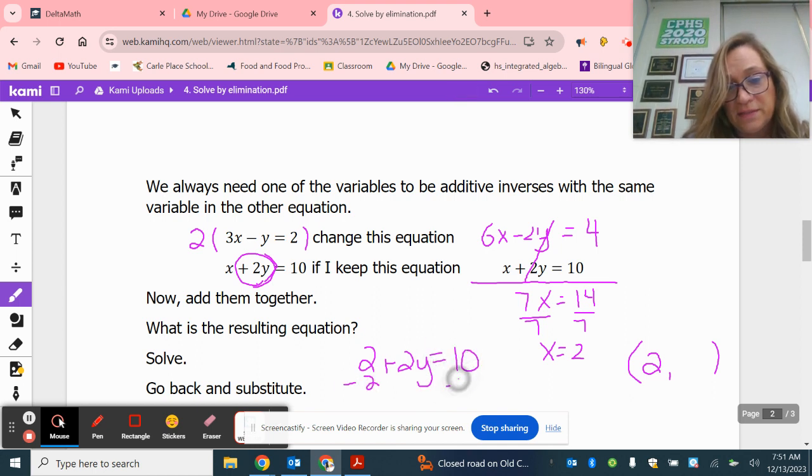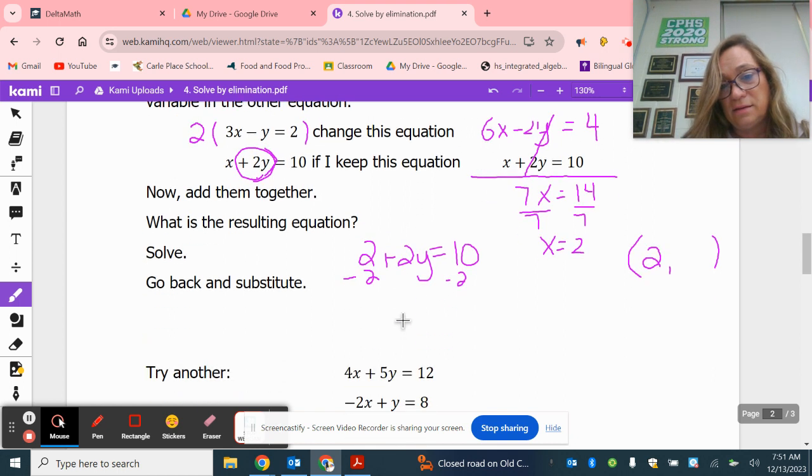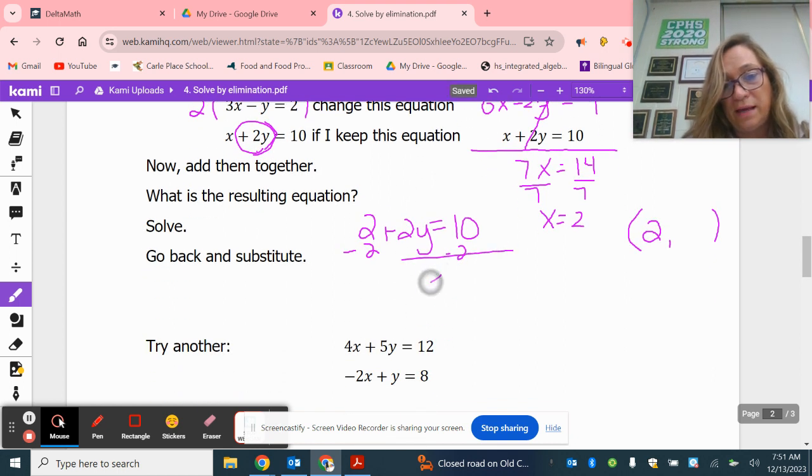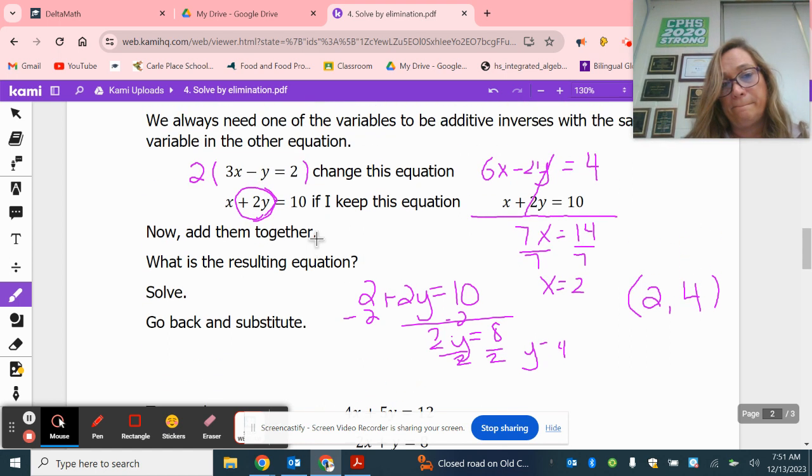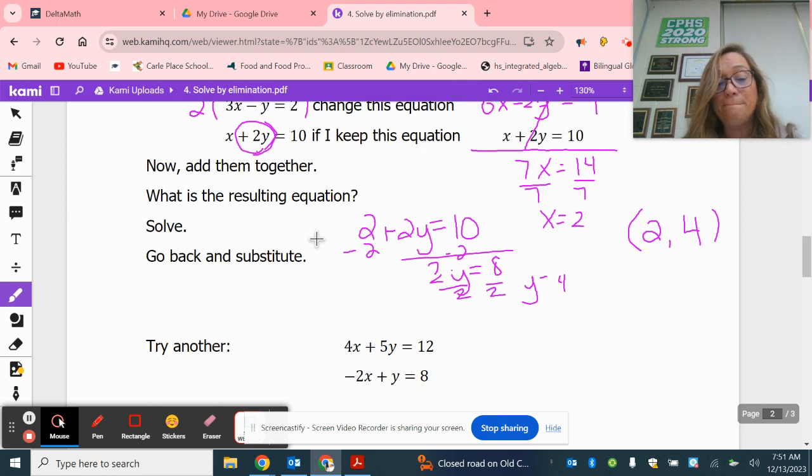Subtract 2 from both sides. So 2y equals 8. Divide by 2, y equals 4. So my ordered pair is 2, 4. And again, you can graph this or go back and substitute and check if you want, okay?